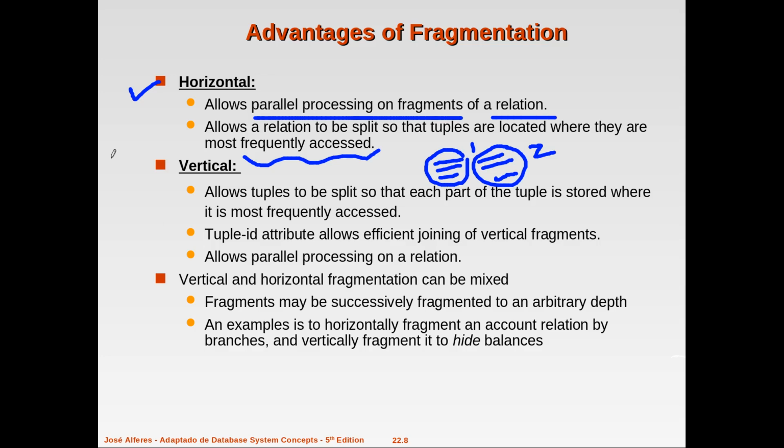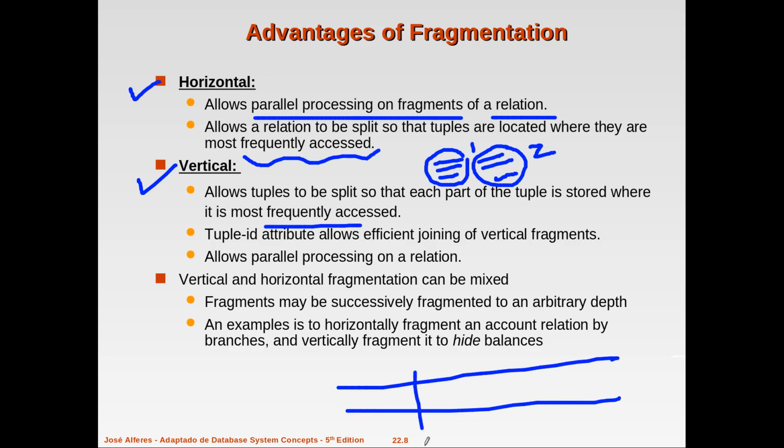Now the advantages of vertical fragmentation are that it allows tuples to be split so that each part of the tuple is stored where it is most frequently accessed. So for the entire relation, parts of tuples will be divided into fragments. The portions of tuples are part of a particular fragment.